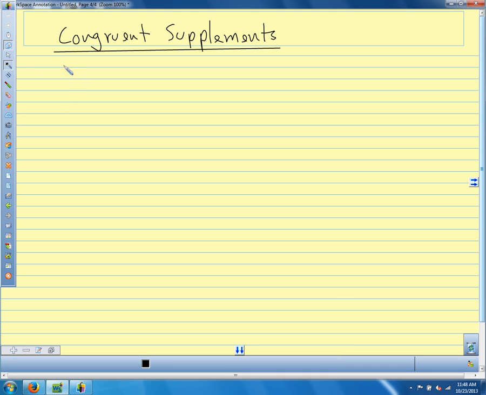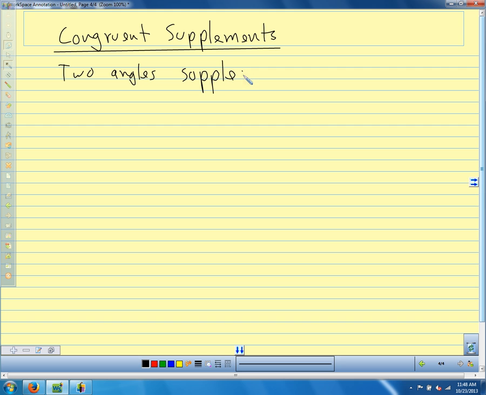So we're going to say two angles supplementary to the same angle are congruent.